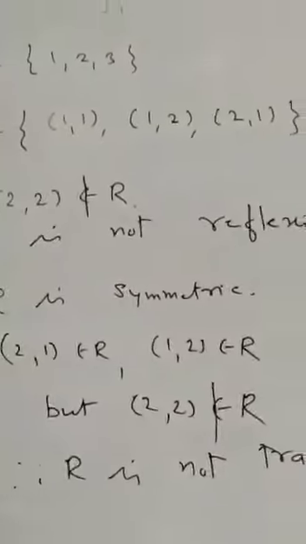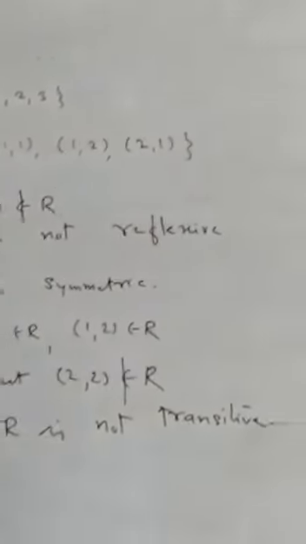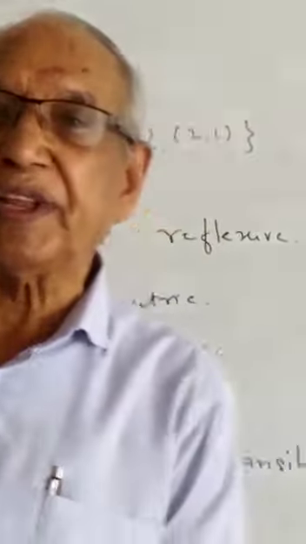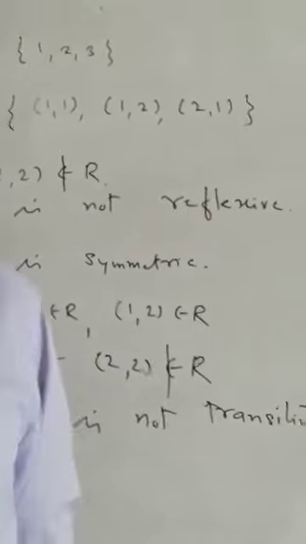Right? Means when any relation is given and we want to check that the relation is reflexive, symmetric or transitive or not, right? Again I will repeat. To check reflexivity, we have to see the set A. If set A consists of 1, 2, 3, then the relation R is reflexive only when the ordered pairs (1,1), (2,2) and (3,3) all are there.